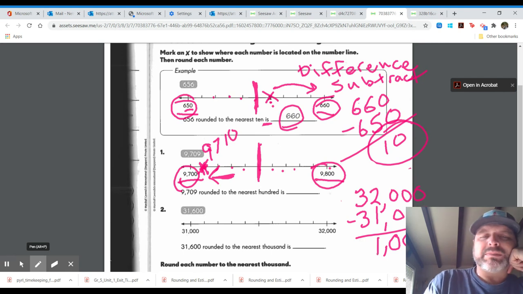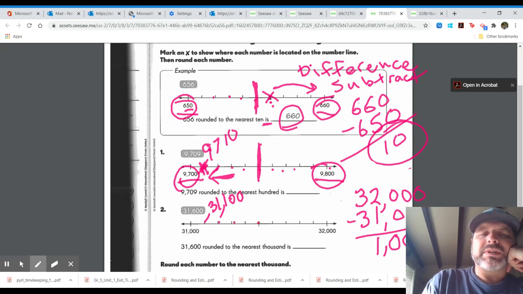And if I count by tens, I have to count up by hundreds. So this would be 31,100. Right there. And then the next, this would be 31,200, 31,300.